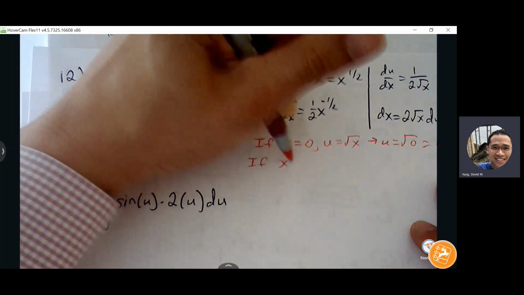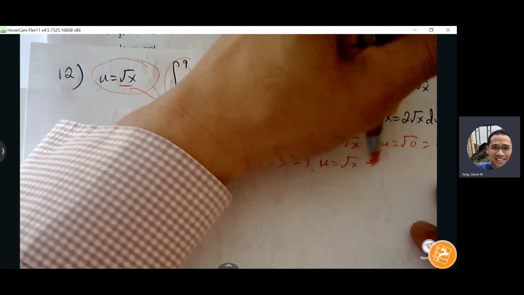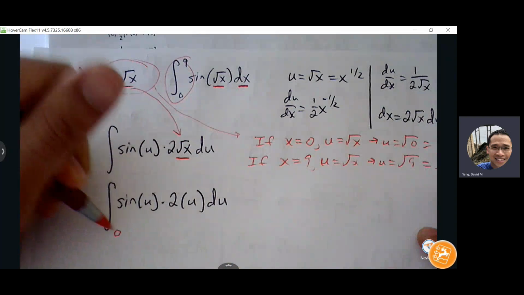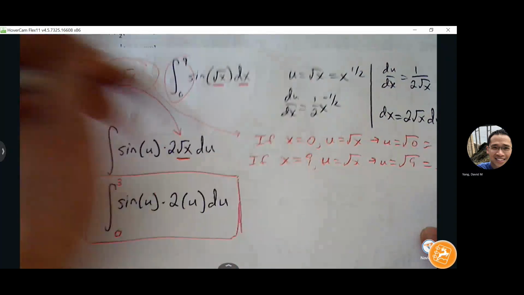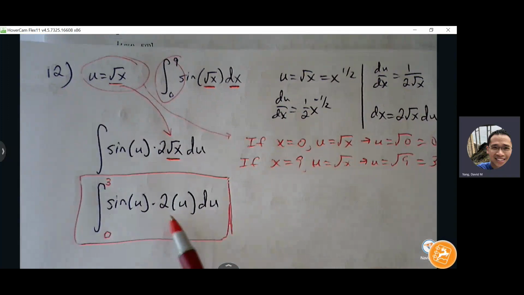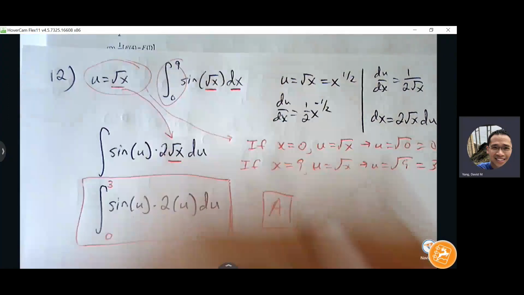And if x is equal to 9 and u is equal to root x, then root 9 is equal to 3. So that will allow us to put 0 and 3, to make it match the answer choice that we're looking for. So the 2 gets pushed out in front, and then it's going to match answer choice A.